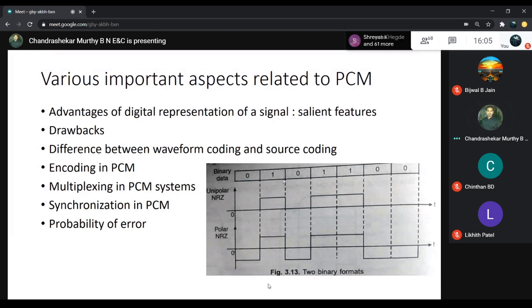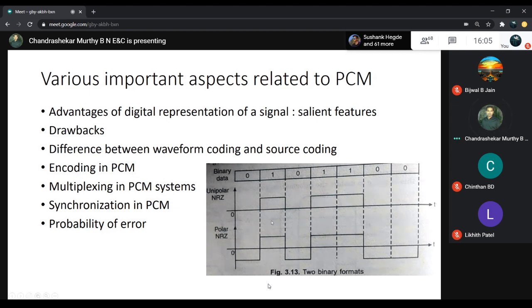After that, we need to convert into an electrical signal, and that is encoding in PCM. There are several types of line coding techniques: polar, unipolar, bipolar, non-return to zero, return to zero, and many other similar techniques.